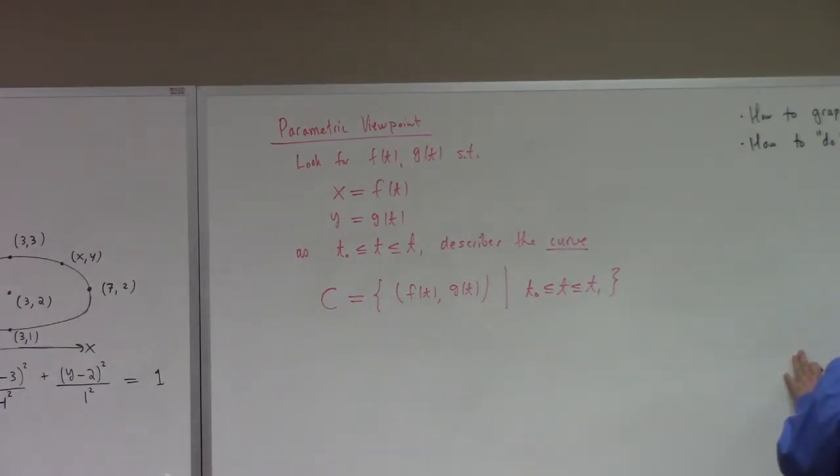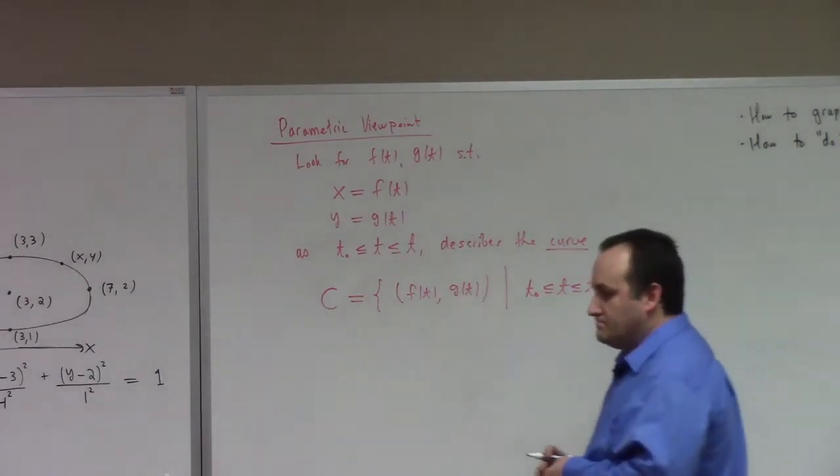Now, I think parameterized curve gets really old really fast, right? That's a lot of talking. There's a standard term for this, and I'll try to start using this for you guys, which is path. A parameterized curve is a path. Okay.